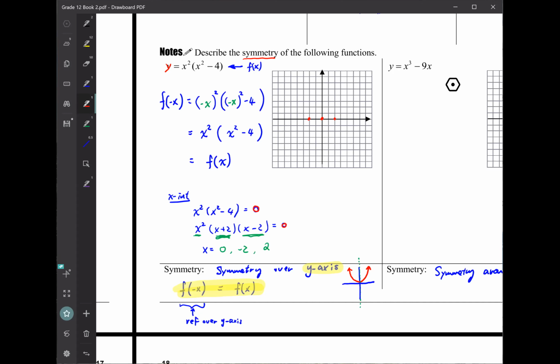Right now all we know is the graph is symmetrical, with symmetry over the y-axis. So it will look like this. We don't know how tall it is or how low it goes. We just know it will be symmetrical around the y-axis, so the left side and right side look the same.